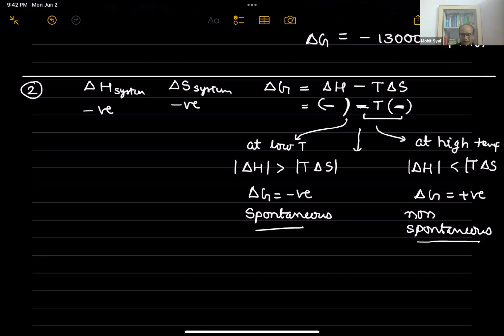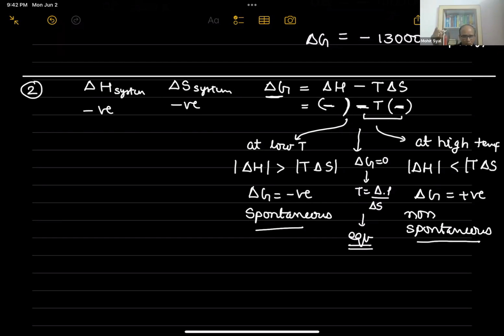Such a reaction can be spontaneous, and delta G is 0 when, if you put it 0, you can find the temperature equal to delta H upon delta S. Nabil, are you getting our point? So this is the temperature at which delta G equals 0, and this is the temperature at which the equilibrium condition holds.